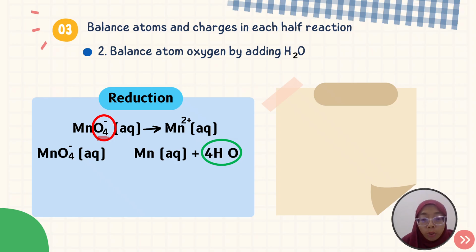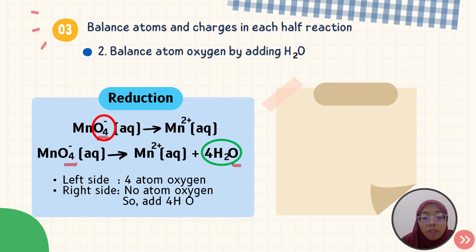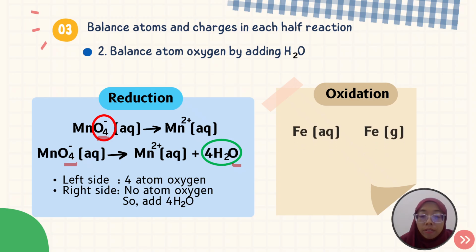Now we look at the total number of oxygen for the left and right sides. The left side is 4 oxygen atoms, and the right side is also 4 oxygen atoms. So the oxygen has been balanced already, right?